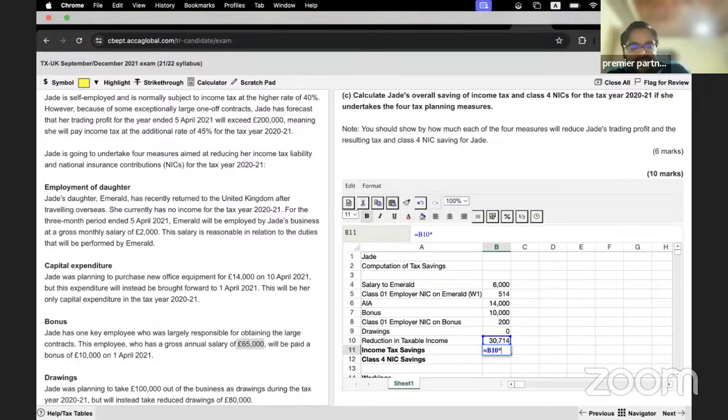30,714 into 45%. So from income tax, she is going to have a tax savings of 13,821. Are we clear? Right. Then Class 4 NIC, what will happen?